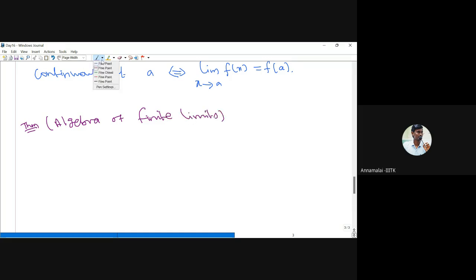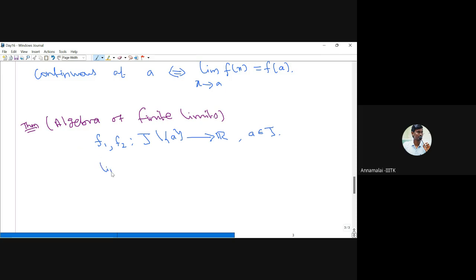So what is the first statement? Before that, we write the setup. Let J be an interval. Suppose we have functions f1, f2 defined on J minus a, where a is an element of J. Assume that the limit exists at the point a for both functions.